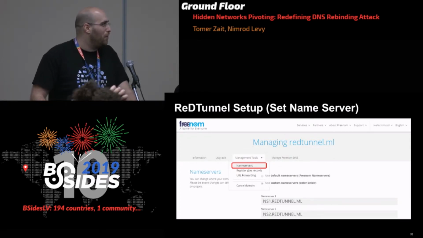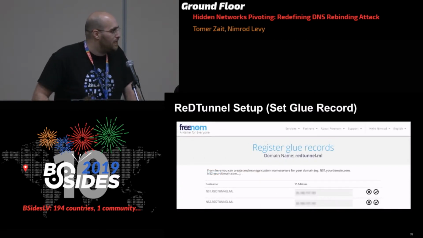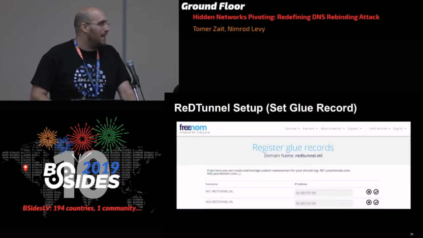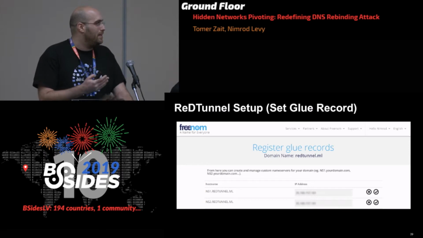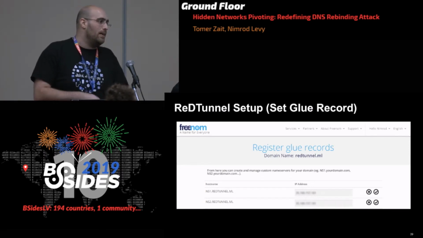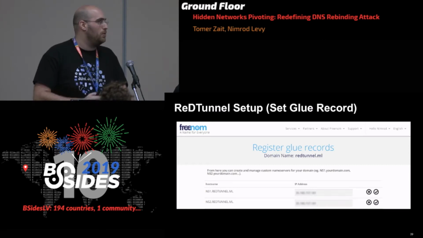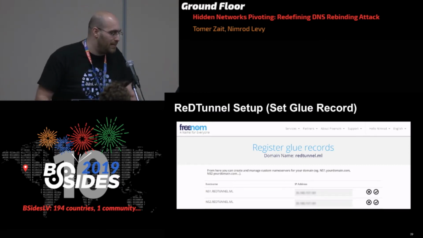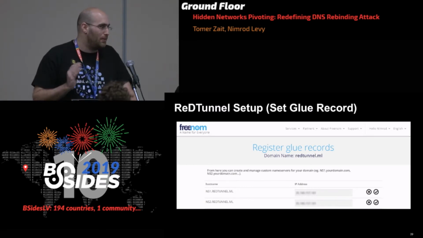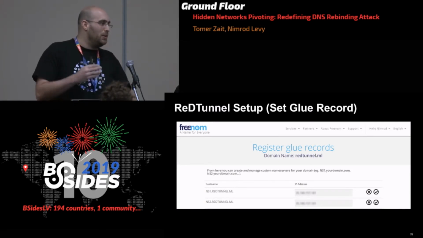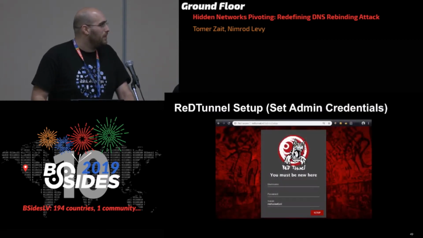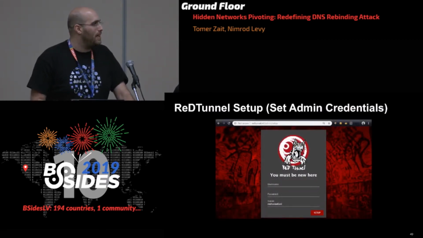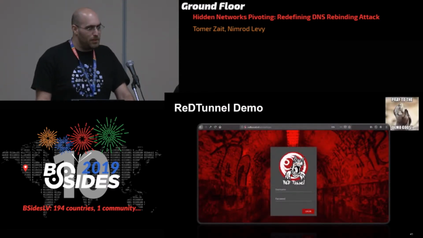Yes, you don't have, but for that, you can use glue records. With glue records, you will have like an internal host file. You create an IP that will be translated to a subdomain, though it will not go to the DNS server at all. It will just be translated immediately. That way, you will be able to create the name servers, and then you will be able to use them. So now you just need to set your admin credentials, and you're good to go.